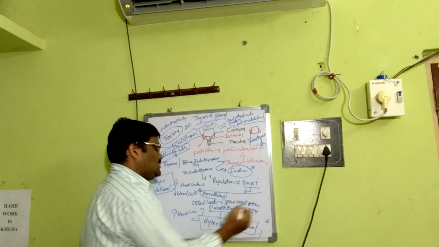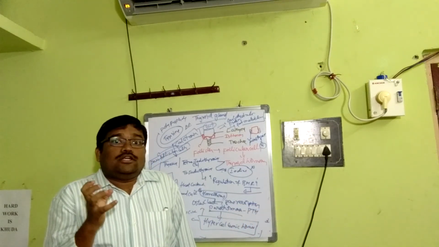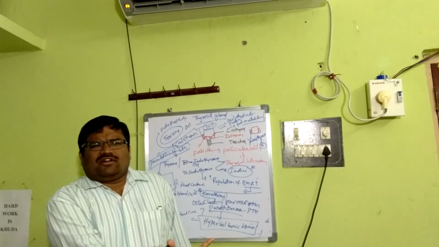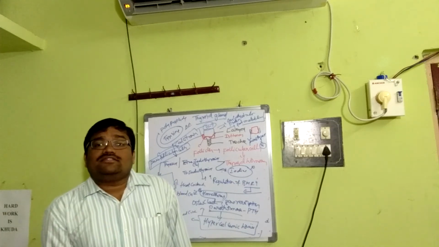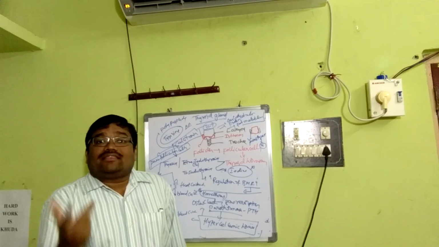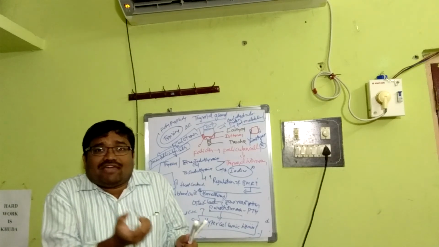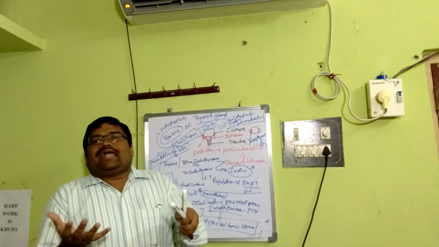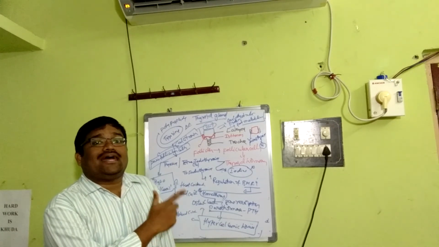The osteoclasts break down the bone, that means demineralization, dissolving the calcium phosphate matrix in the bone, which releases calcium into the blood and increases the blood calcium level. At the same time, it also facilitates the reabsorption of calcium by the renal tubule. That is how it increases the blood calcium level, and that is why it is considered a hypercalcemic hormone.